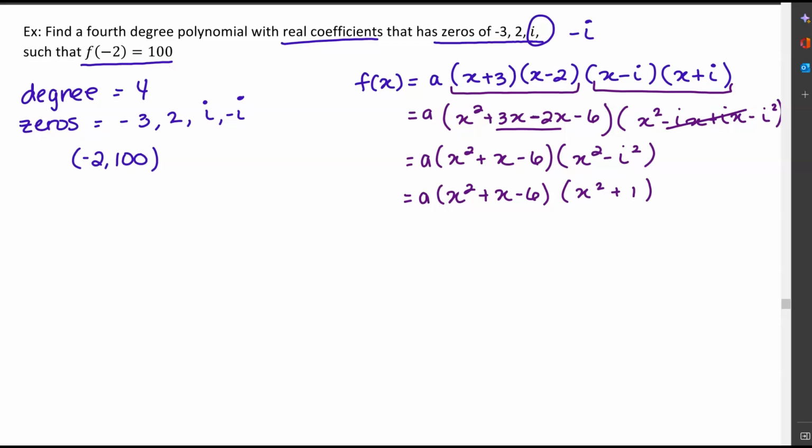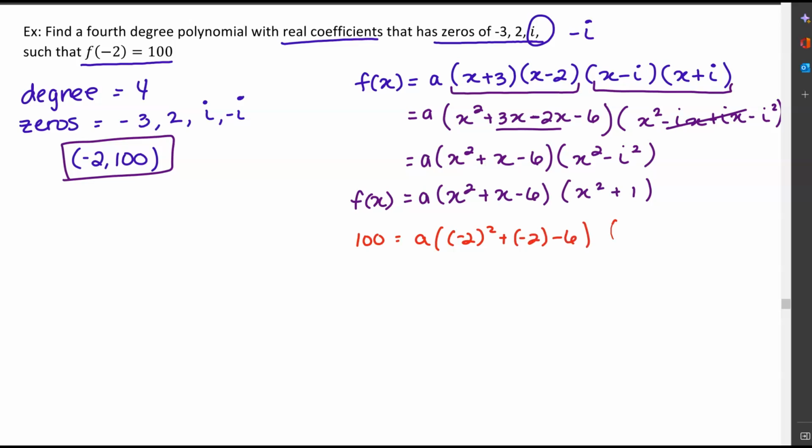So now from here, we want to take the fact that we have this other point here, our f of -2 equals 100. So let's go ahead and plug that in. So we have 100 equals a, and then we're going to have -2 squared plus -2 minus 6, times -2 squared plus 1.